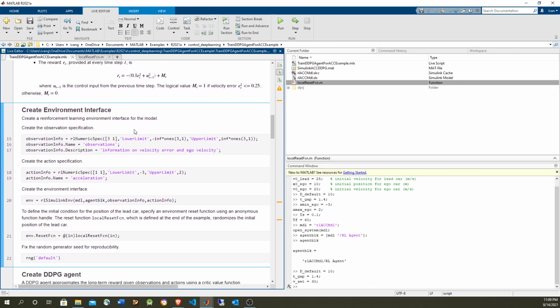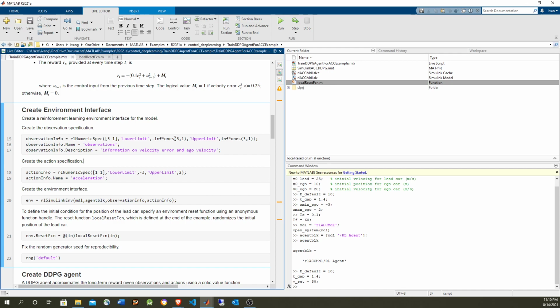We're going to use a set of functions from the Reinforcement Learning Toolbox from MATLAB, and the functions need to be aware of what the observations are and what the actions are that the system is going to take. For that, we have this RL numeric spec, so for the actions and observations we can specify either continuous variables or finite variables with finite values. In this case, both of them are continuous.